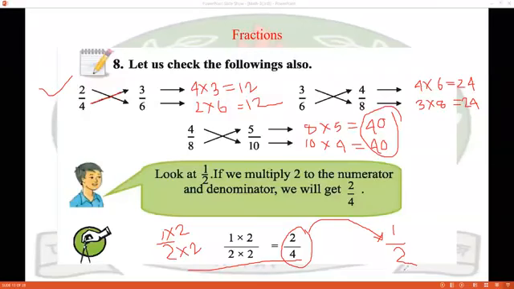As a result, the two fractions are equivalent to each other. In this way, we can find new equivalent fractions which are unknown. But in the other way, we can prove whether the given two fractions are equivalent or not.